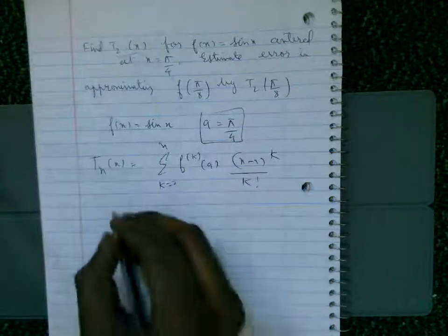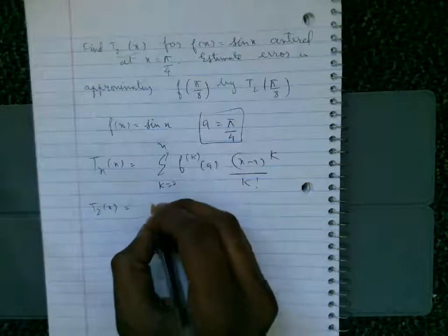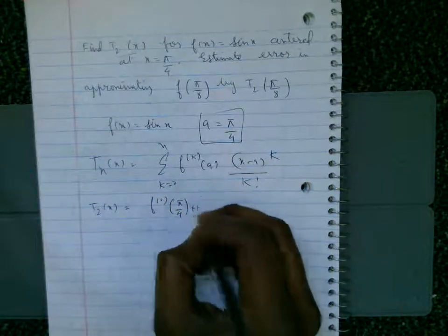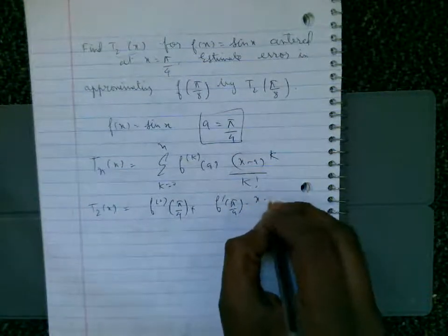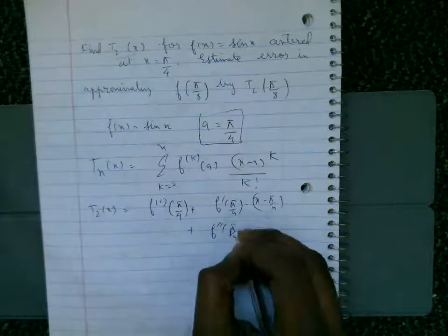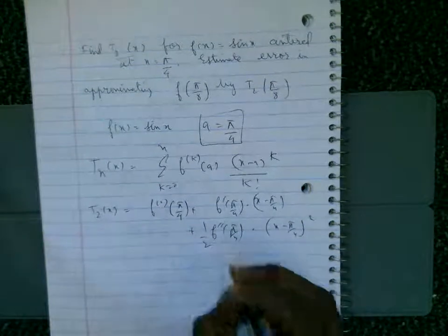So in our case, when we substitute n is equal to 2, we get f of pi by 4 plus f prime of pi by 4 times x minus pi by 4 plus f double prime of pi by 4 times x minus pi by 4 whole squared by 2.